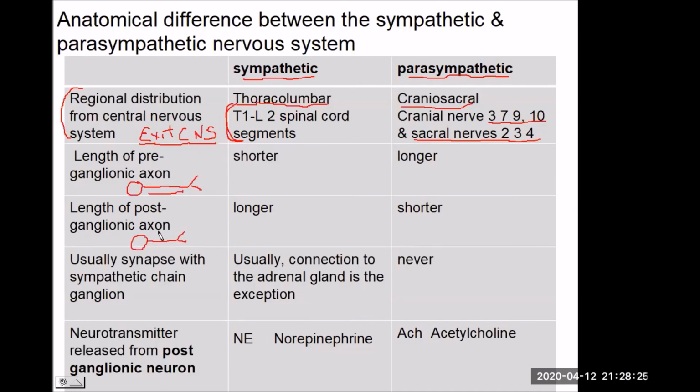And we're really looking at the length of the axons. So we notice for the sympathetic division, the preganglionic axon has a shorter length when compared to the parasympathetic's preganglionic axon. And now the postganglionic axon's length, we notice for sympathetic, it has a longer length when compared to the parasympathetic.